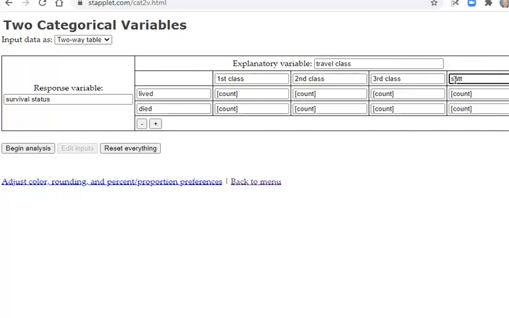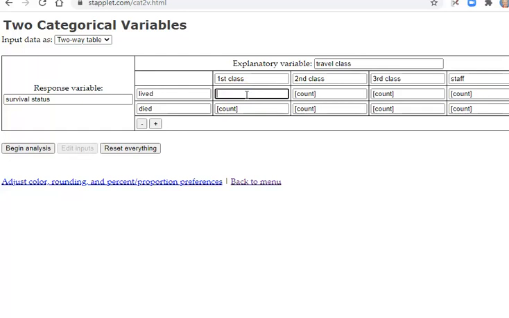Now we do not have to add in any columns for totals. This software, let's see, staff, there we go. Can't spell it right. This software will automatically do that for us. Now we need to put in the values.